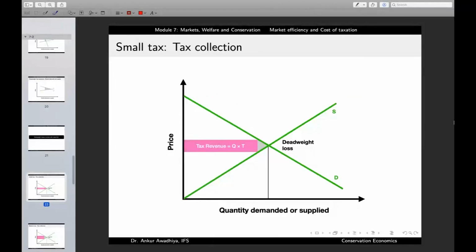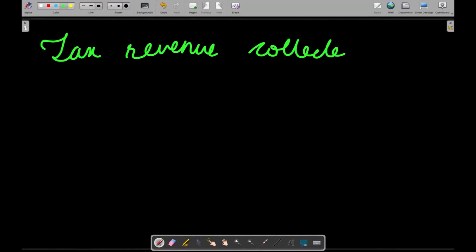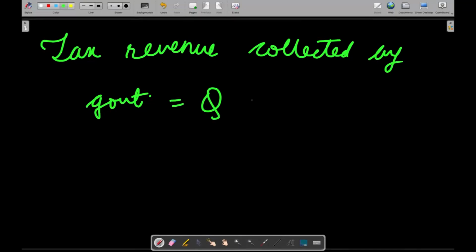Now, if the tax is very small, the total tax revenue collection itself is very small. The tax revenue collected by government is equal to Q into T, where Q is the quantity of the goods that are bought and sold, and T is the tax size.